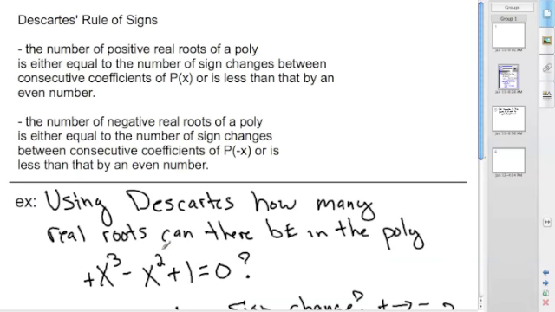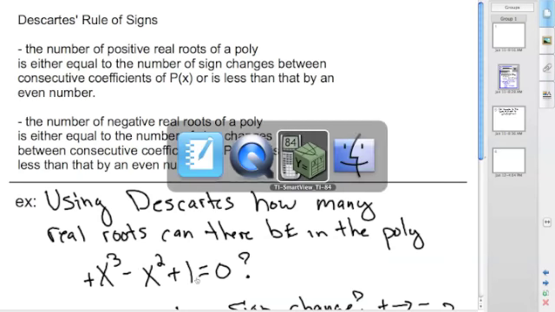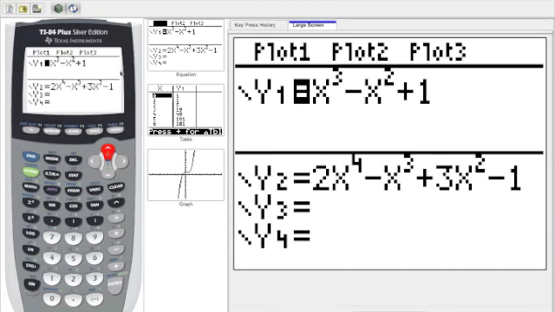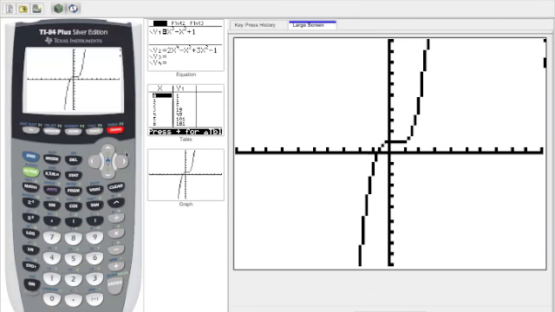So let's enter x to the third minus x squared plus 1 into our calculator. I have it in my calculator here, and let's graph. So I said I have one real negative root, and we can see right here that we have one negative real root, and I said we either have 2 or 0 real positive roots. Since we don't cross anywhere on the positive x-axis, we can confirm that there are 0 real roots.